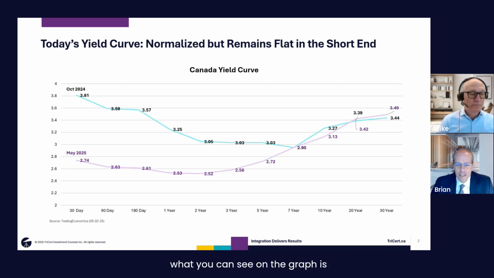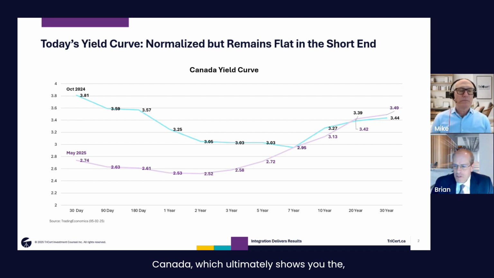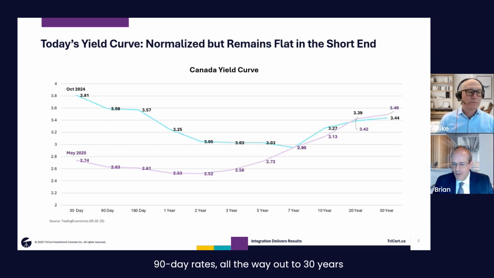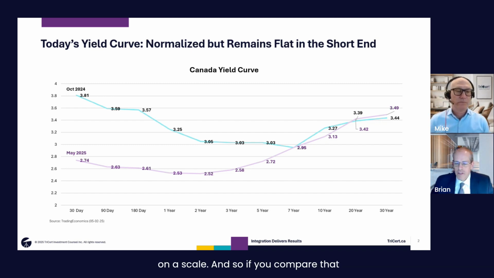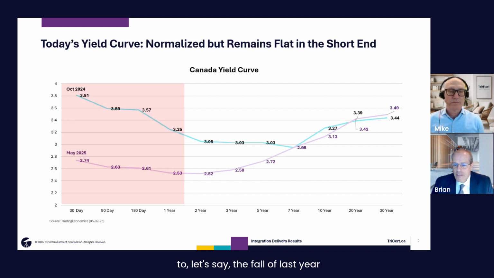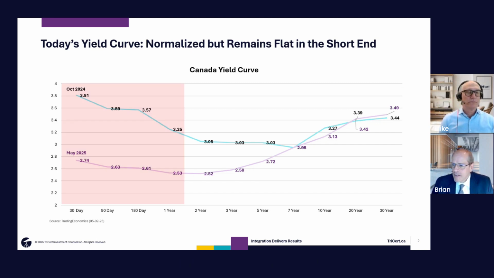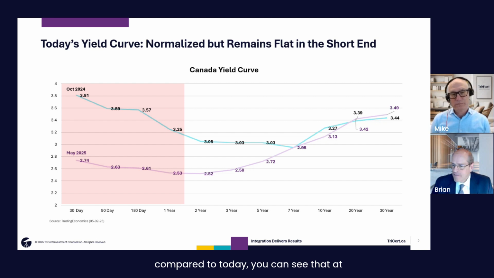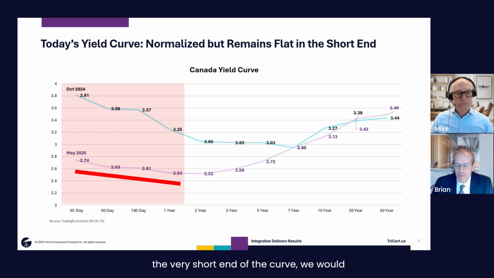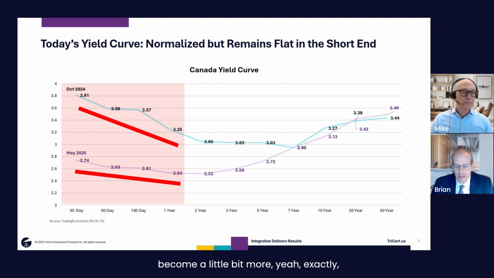What you can see on the graph is a picture of the yield curve in Canada, which shows the 30-day rates, 90-day rates, all the way out to 30 years on the scale. If you compare the fall of last year to today, you can see that at the very short end, the curve has normalized and become a little bit more flat compared to relatively inverted last year.